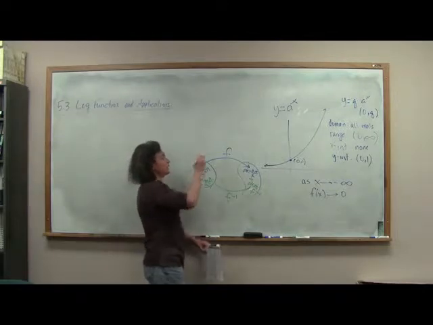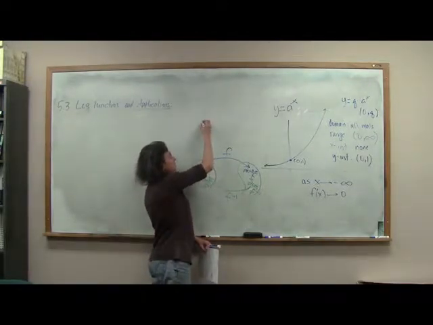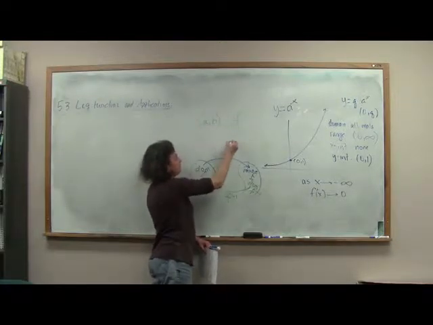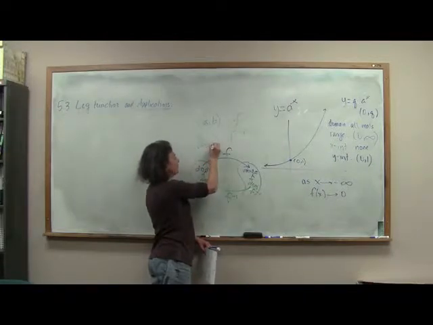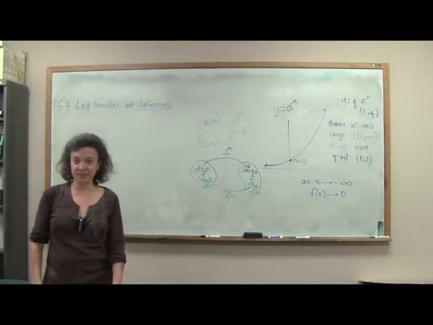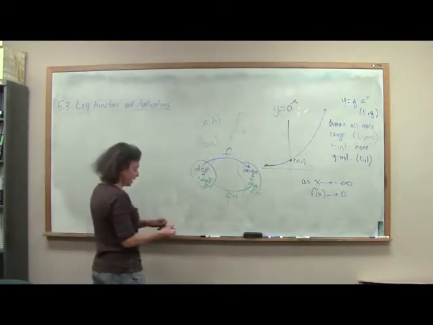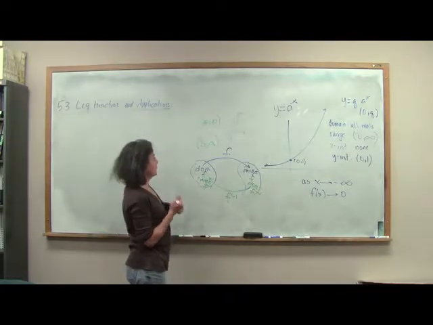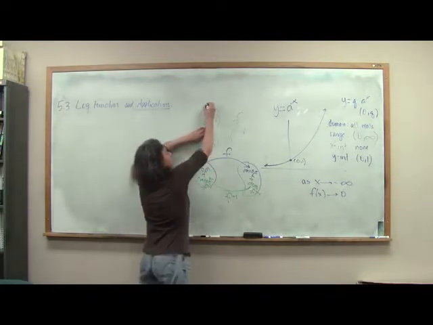One of the other things that I mentioned to you is that if the ordered pair (a, b) lies on the graph of f, then the corresponding ordered pair (b, a) lies on the graph of f inverse. Again, why? I know I'm reinforcing this a lot, but it's a really important idea.